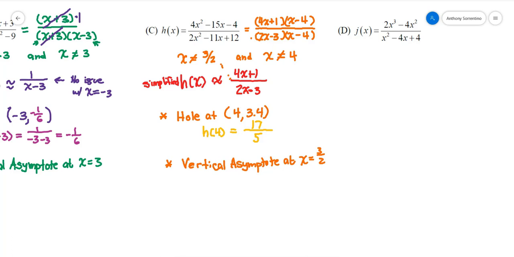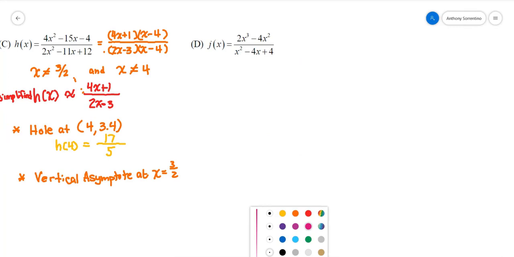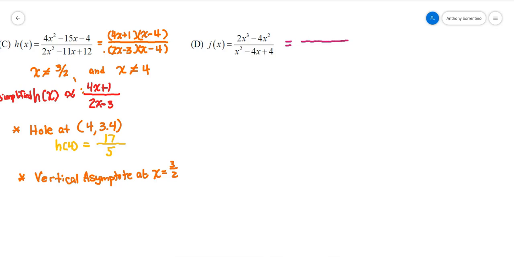In the last one, I have j of x equaling 2x cubed minus 4x squared over x squared minus 4x plus 4. Well, if you go through and factor the top and bottom, because we want to factor the top to see if there are any potential cancellations, and we factor the bottom to determine what my domain restrictions are. x squared minus 4x plus 4 is actually x minus 2 times x minus 2.